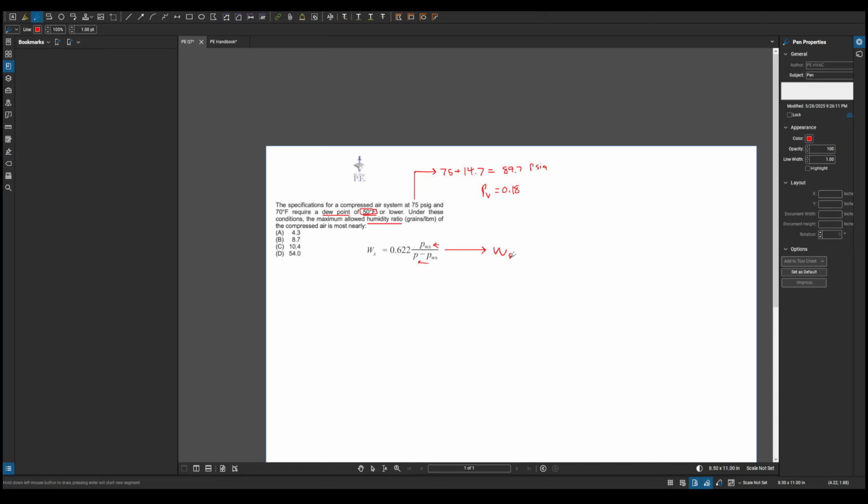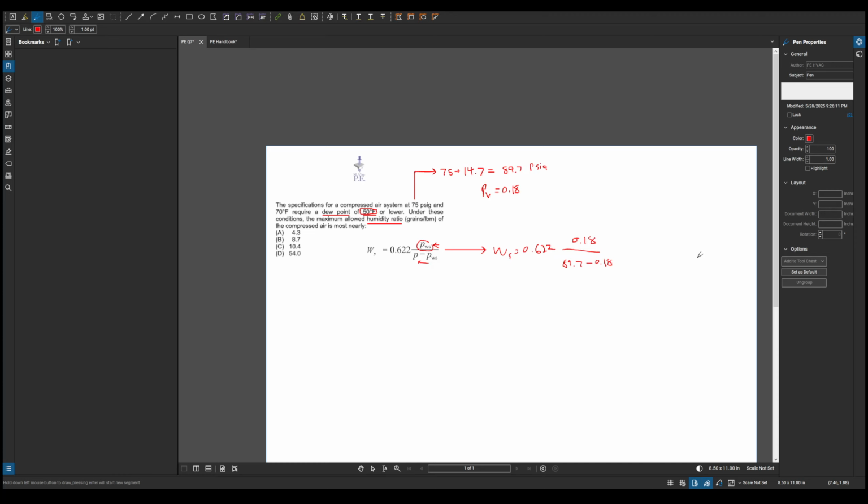So WS equals 0.622 times our vapor pressure, 0.18, over our total pressure, 89.7 minus 0.18.